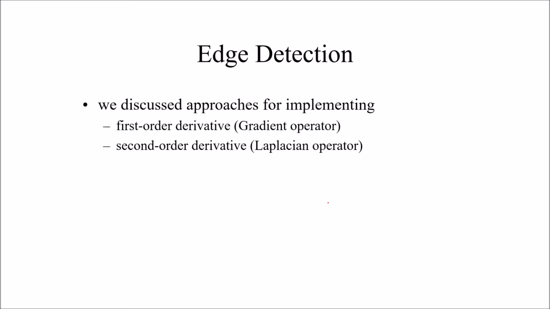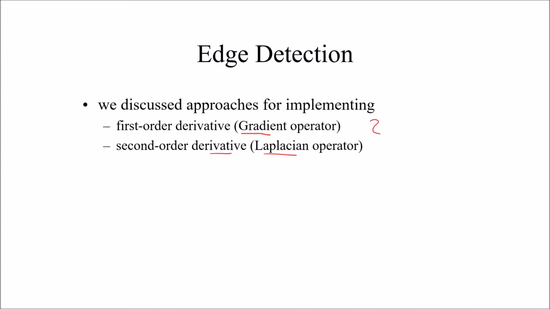For this class, for edge detection, we will use two types of operator. First, the first order derivative, which is based on the gradient operators, and then the second order derivative, which is based on the Laplacian operators.